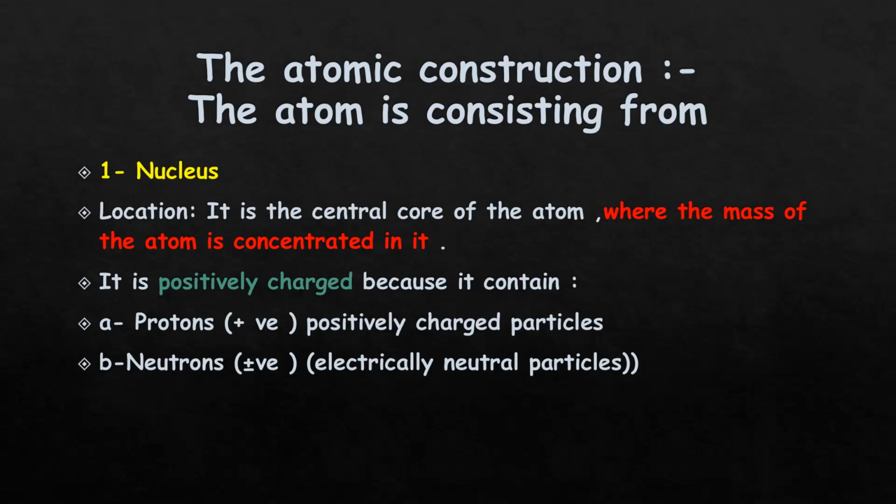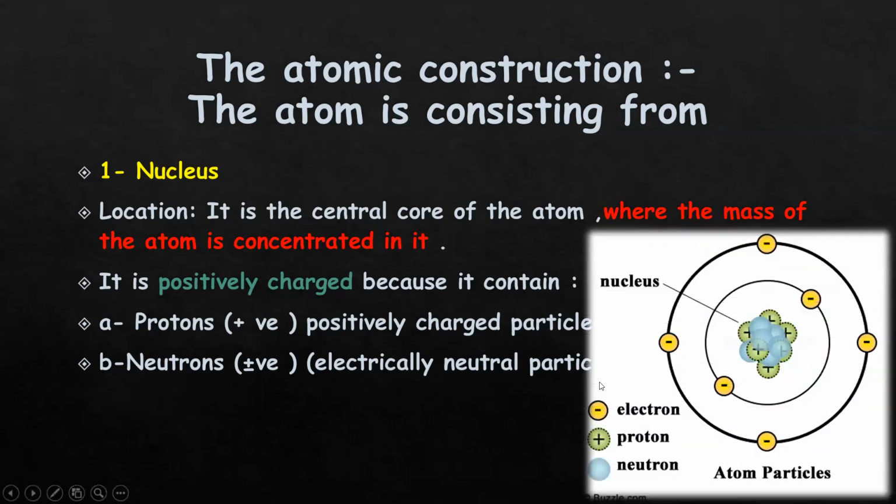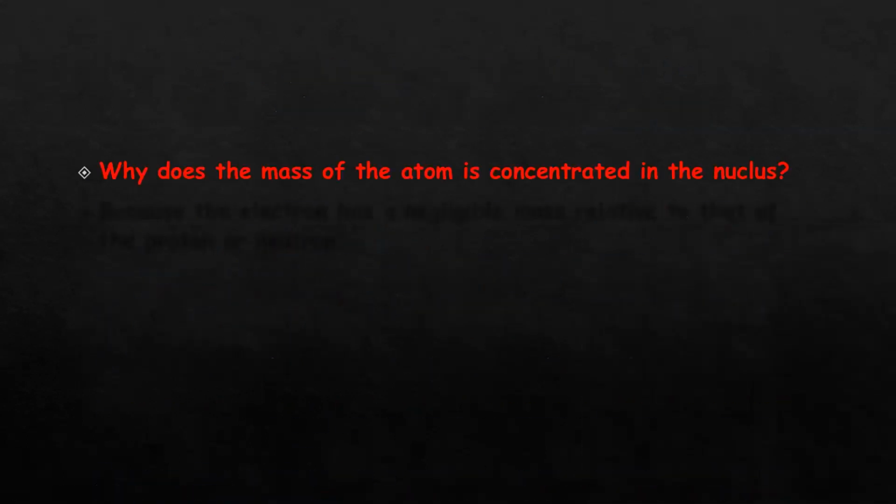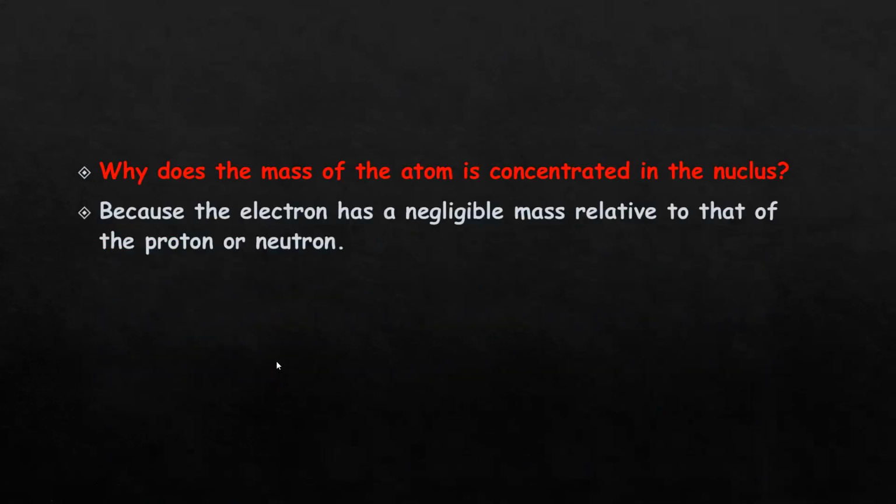So let's have a quick revision of what we talked about. The nucleus is located in the central core of the atom, where the mass of the atom is concentrated. It is positively charged because it contains positive protons and electrically neutral neutrons. Why is most of the mass of the atom concentrated in the nucleus?